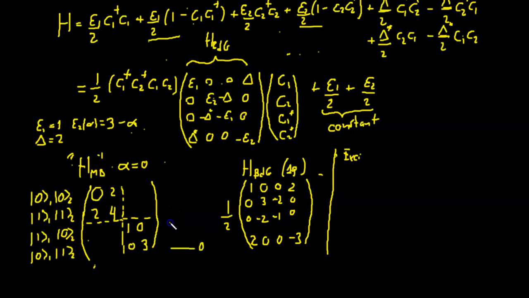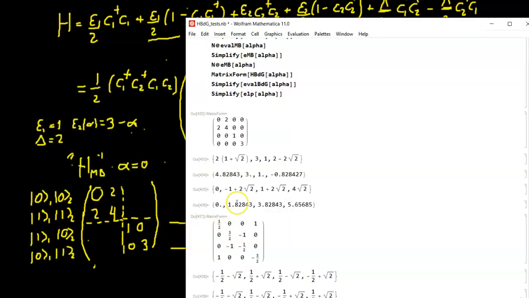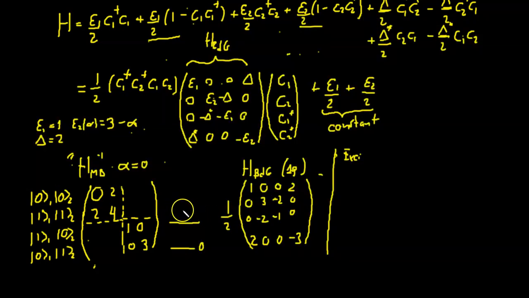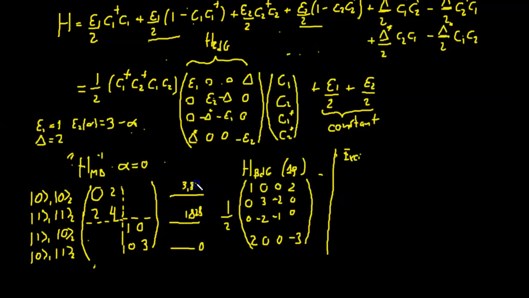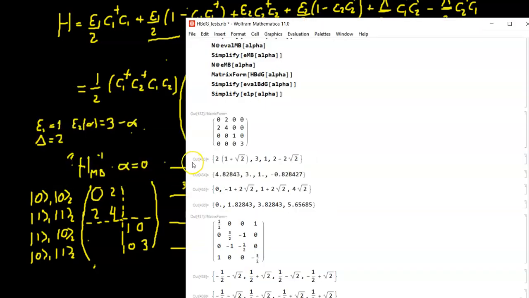I have this first number at 1.82 something, 82.4, and 82.8. Then 3, 82.8. And 5, 6, 5.